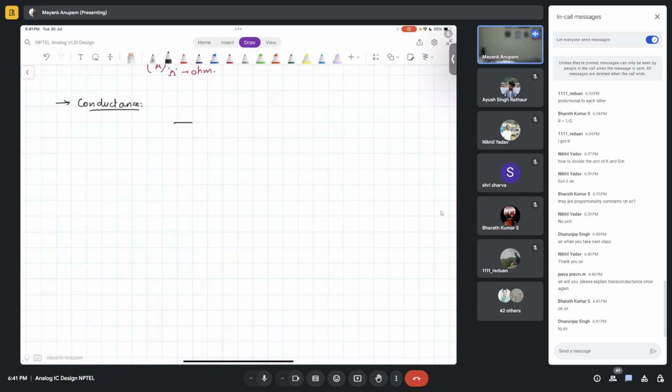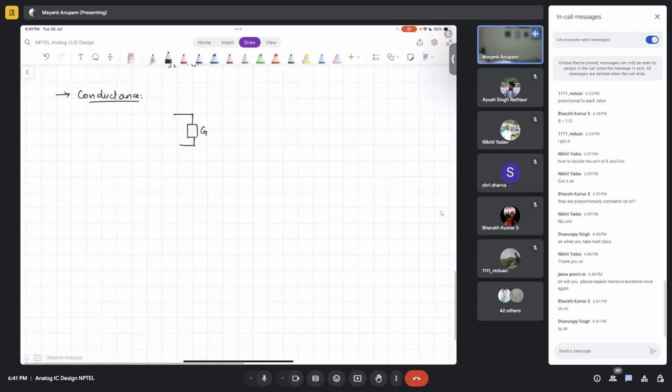Let's say conductance is this guy here, G. This denotes conductance. What are the properties of conductance? If you apply a voltage source V across a conductance, what is the current I? The current I will be G times V, isn't it? That is the whole point, the whole meaning of conductance.